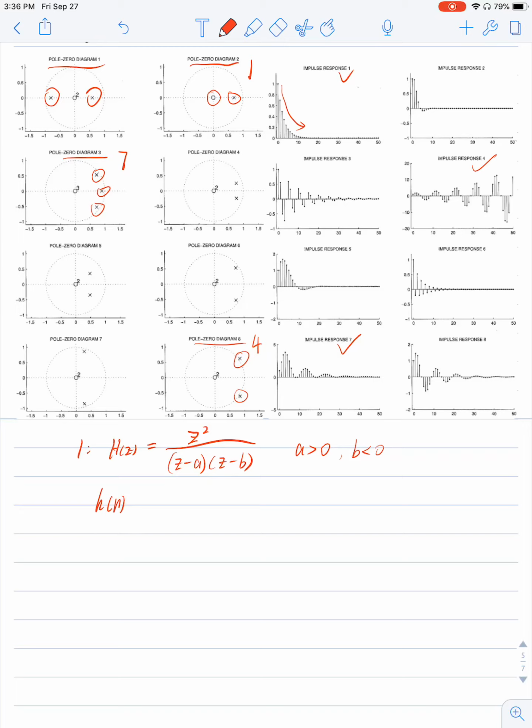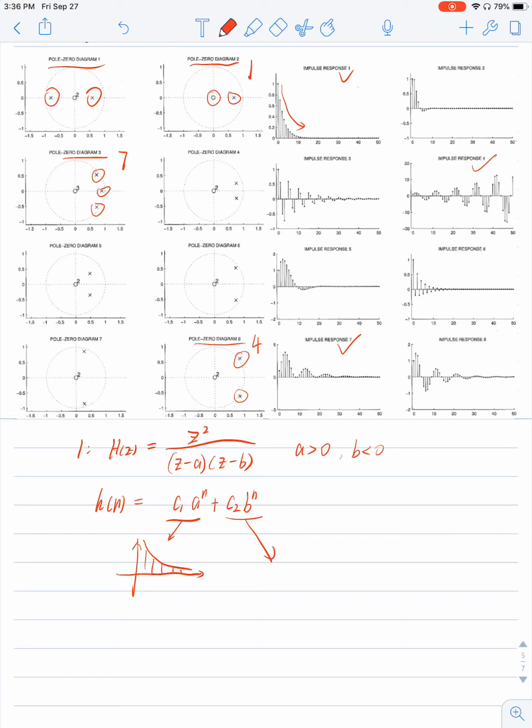Then the impulse response h[n] is c1 a to the power of n plus c2 times b to the power of n. For the first part, the impulse response is a monotonic decay.